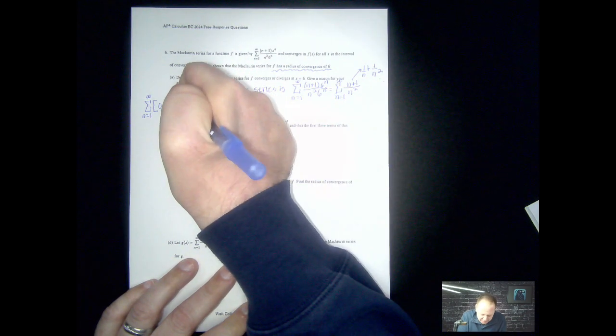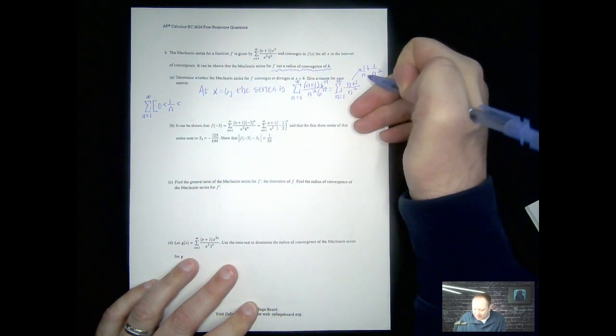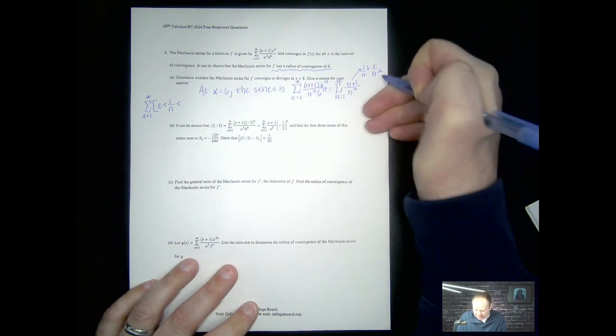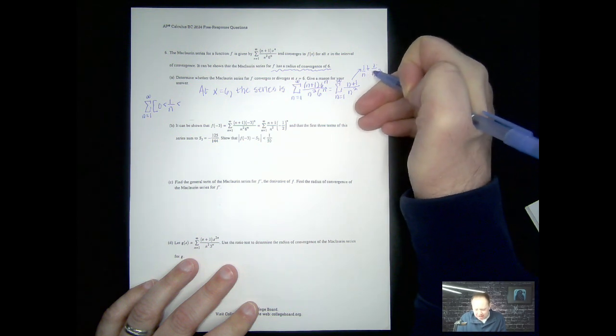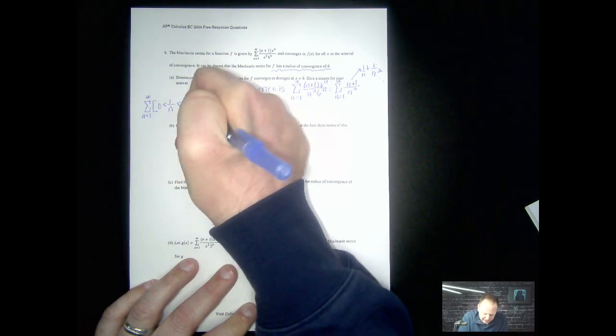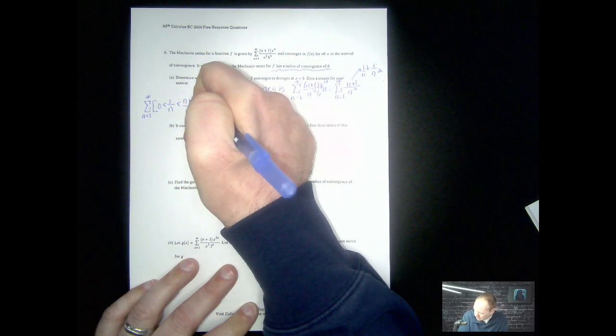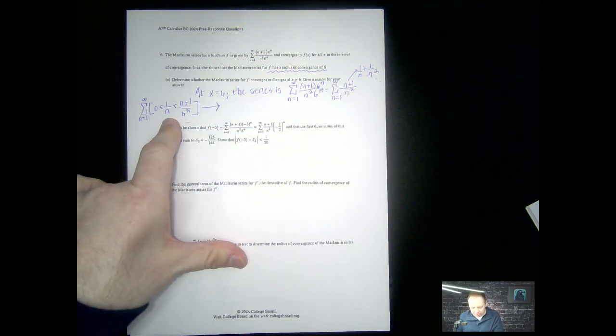Now, the reason I'm putting 1 over n in the middle is because if I add something positive to 1 over n, it becomes bigger, right? So my n plus 1 all over n squared is going to be on the right side. So from here, I know that this is going to diverge, right?